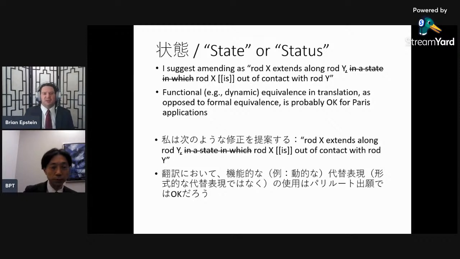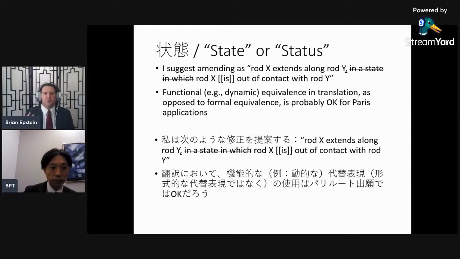And so the recommendation is amending the claim as set forth at the top of this slide, where we amended to say that rod X extends along rod Y, comma, rod X out of contact with rod Y. Sometimes, people will use being out of contact. That's fine too.